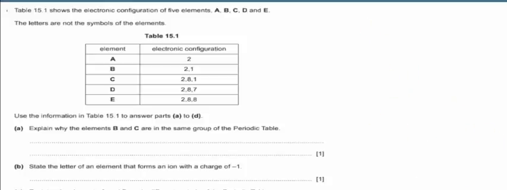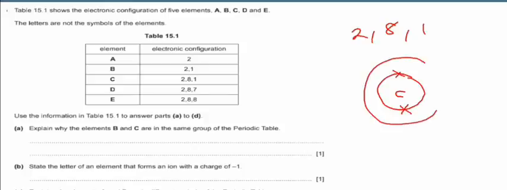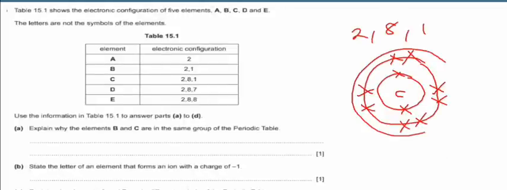Then as for C, it has 2, 8, 1. If we draw the electronic structure of C, the first shell we are going to have 2 electrons, then the next one 8 electrons, then the last one 1 electron.